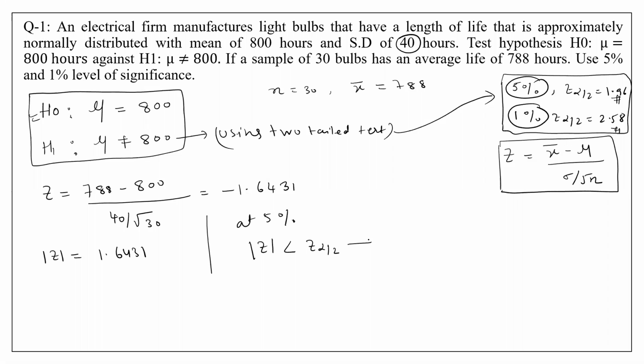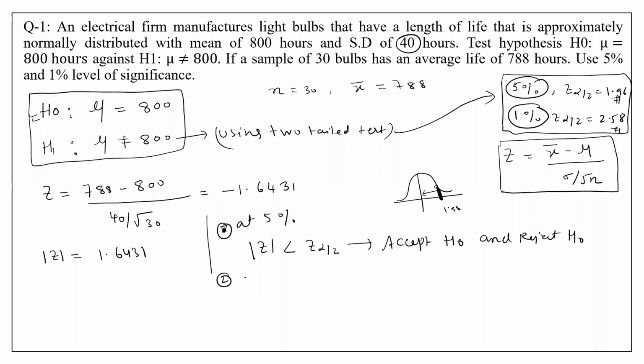We can roughly draw and check: Z alpha by 2 is somewhere here. This is 1.96 and your value is less than that, so it is coming in this direction. So we have to accept the hypothesis H naught at 5%.